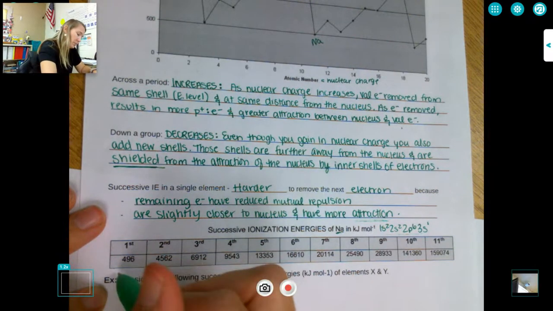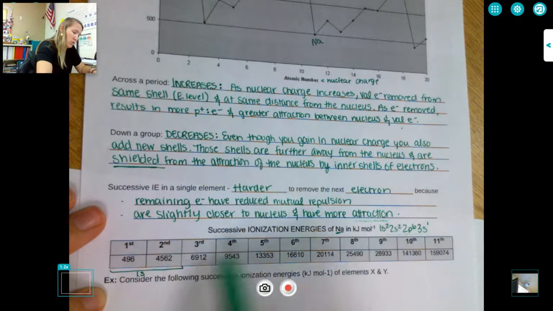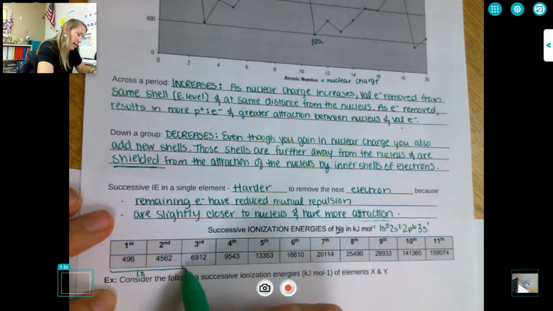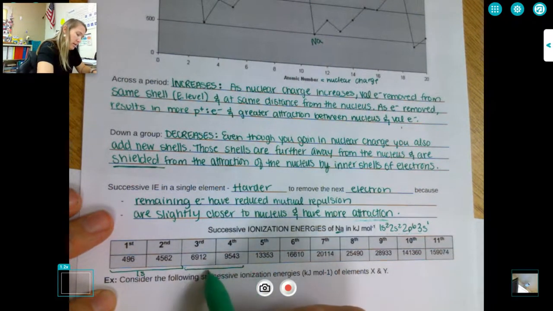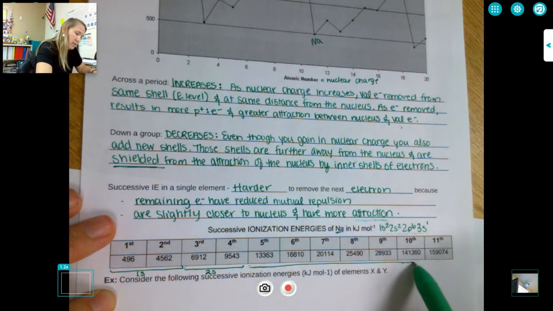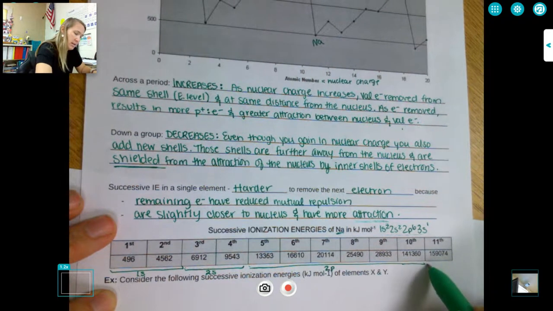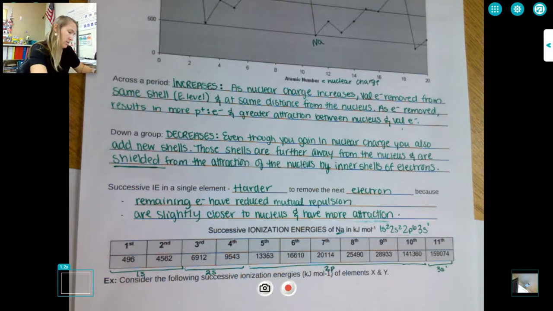So this is my 1s2, 2 electrons. Then I have my 2s, 2 electrons. And then the rest of these, 1, 2, 3, 4, 5, 6, are my 2p electrons and my 3s electrons.